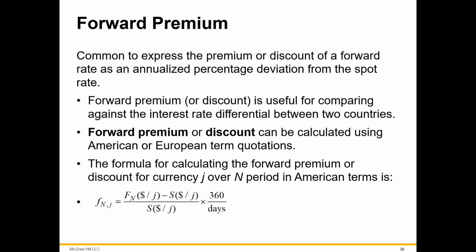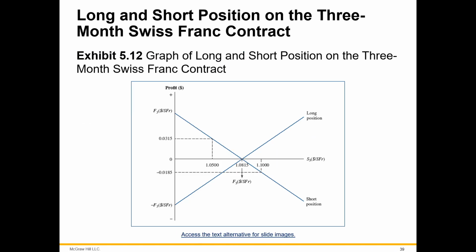So if we look at the way this sort of maps out, it looks like this, right? So you have just a linear increase dollar for dollar in spot relative to the profit on the forward.